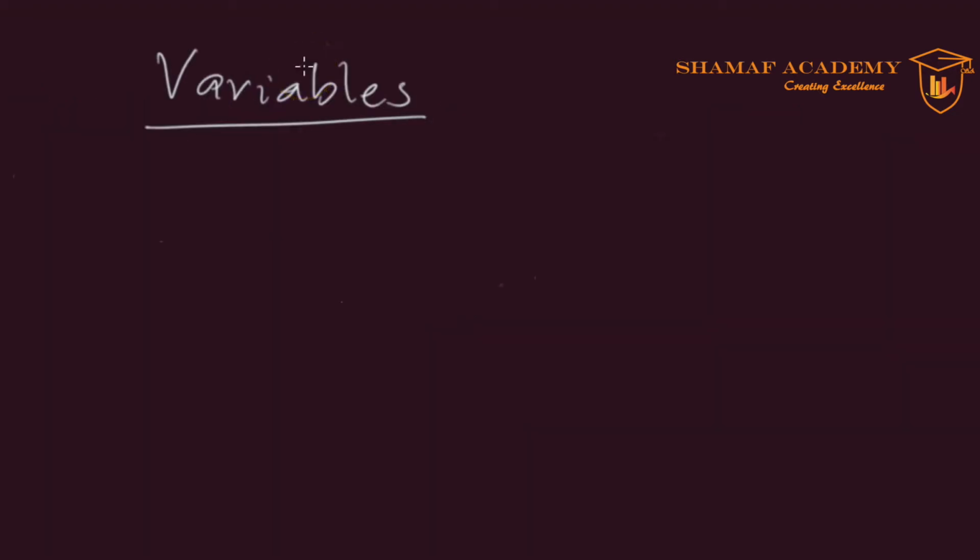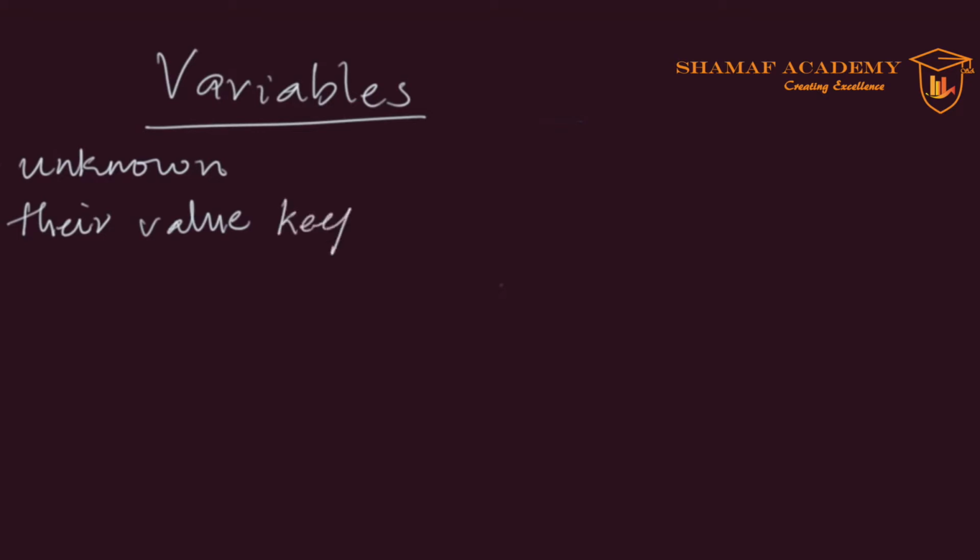So the first thing we have is variable. What is a variable? Variables are something which are unknown, and their value keeps changing.